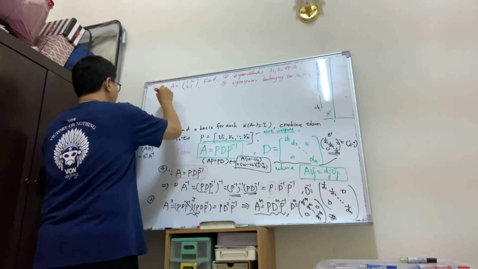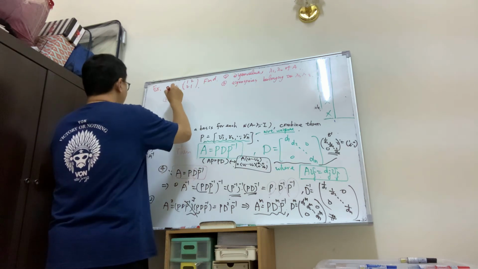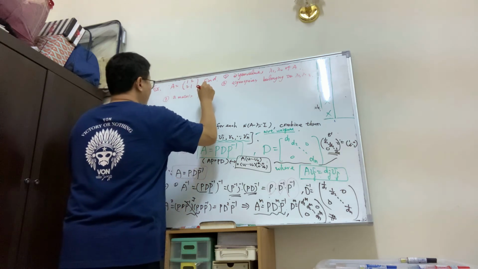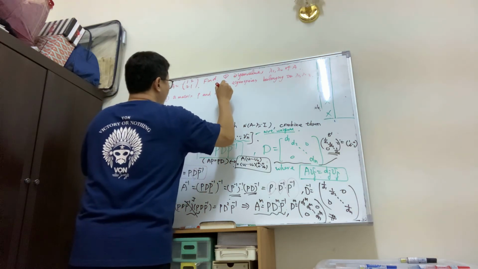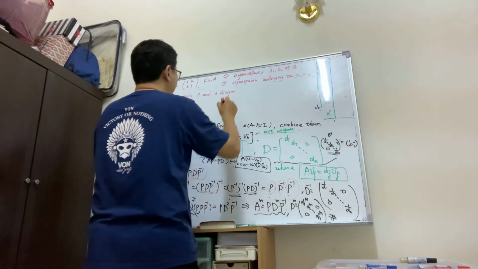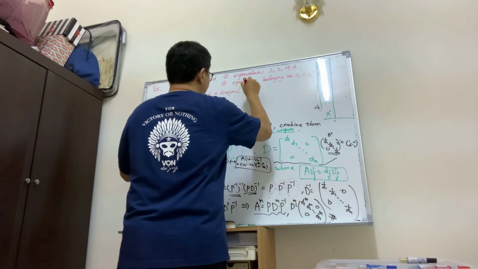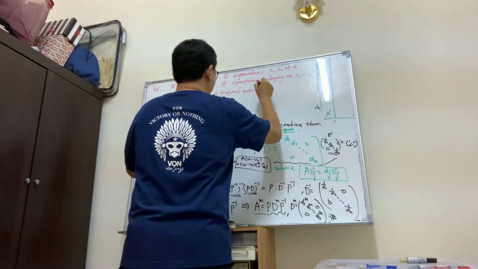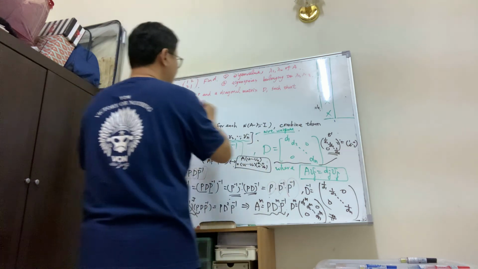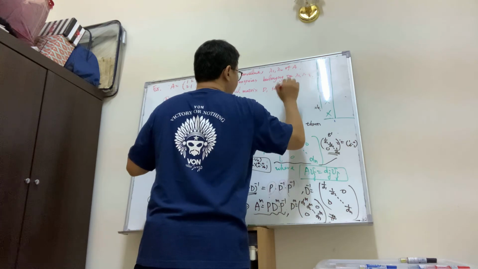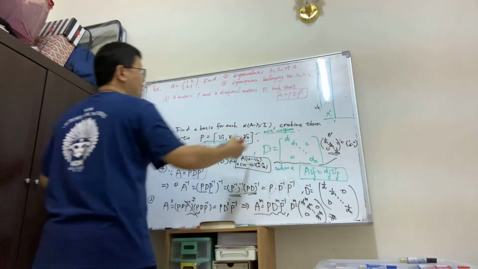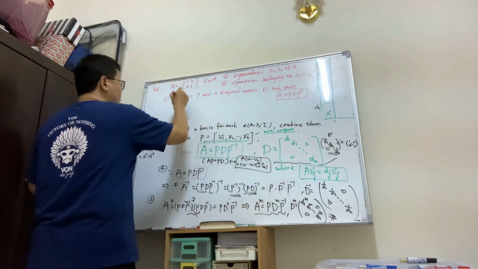Third, find an invertible matrix P and a diagonal matrix D such that A equals PDP inverse. As you see this form, it means that the matrix P is invertible.